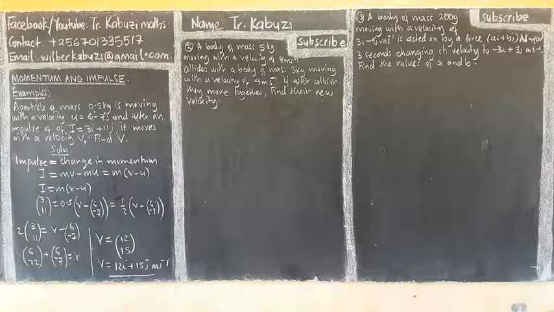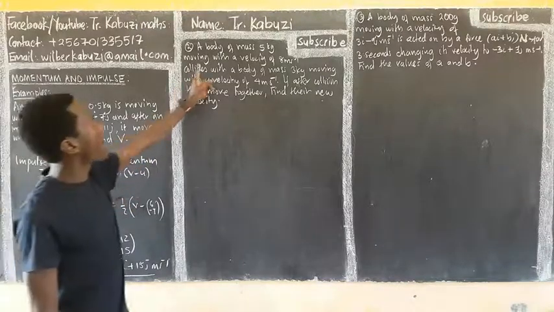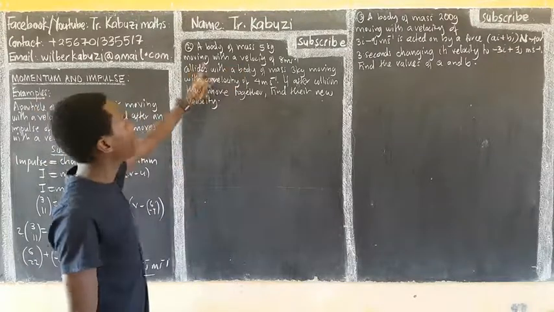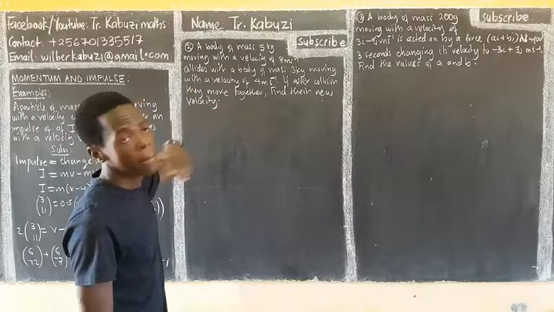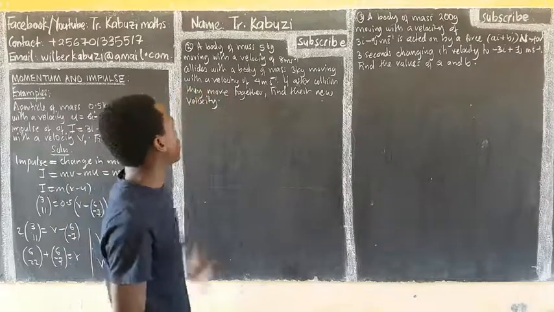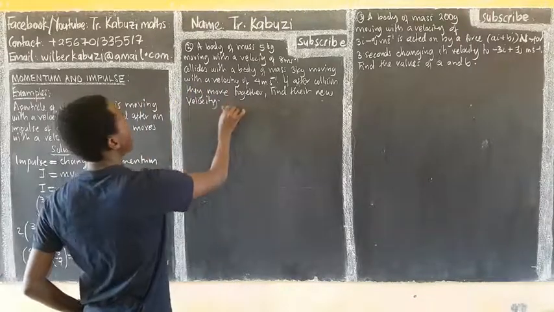As simple as that. Now when we come to this next one: a body of mass 5 kilograms moving with a velocity of 8 meters per second collides. Remember this is a collision. We start to summarize our question.